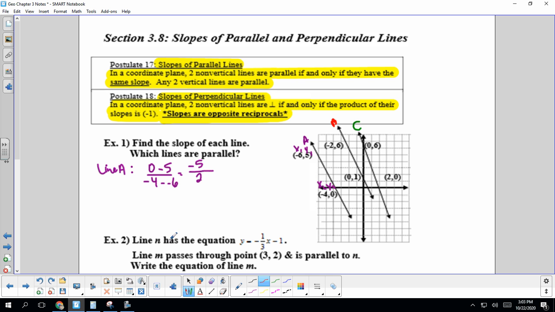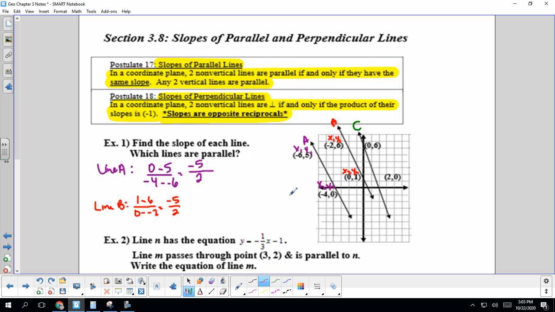Okay, so let's find line B and see how it compares. So line B's here, it is x1, y1, x2, y2. So we got 1 minus 6 over 0 minus -2. So it is -5 over 2.